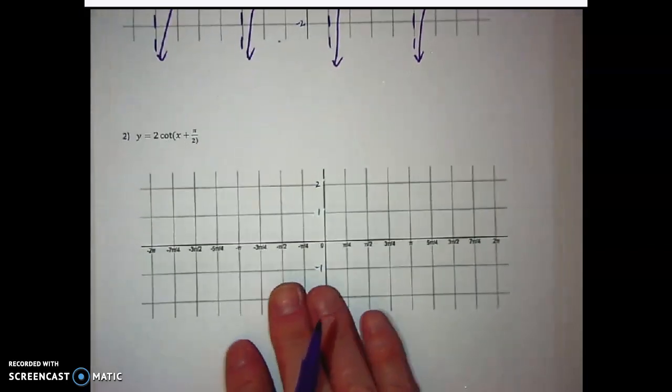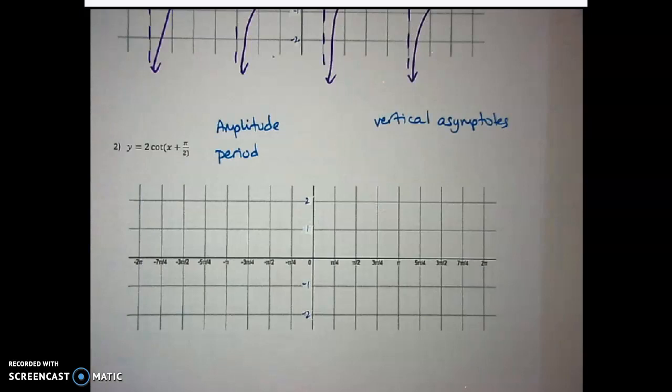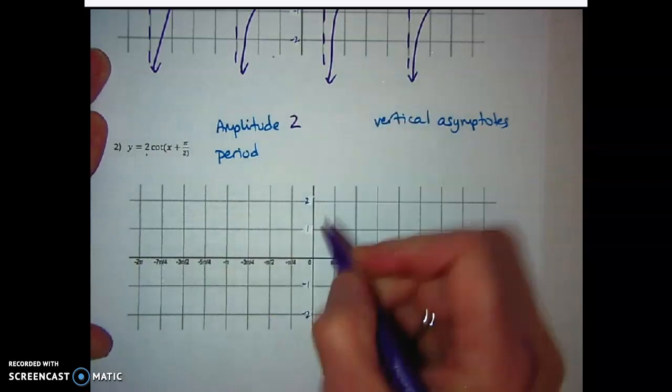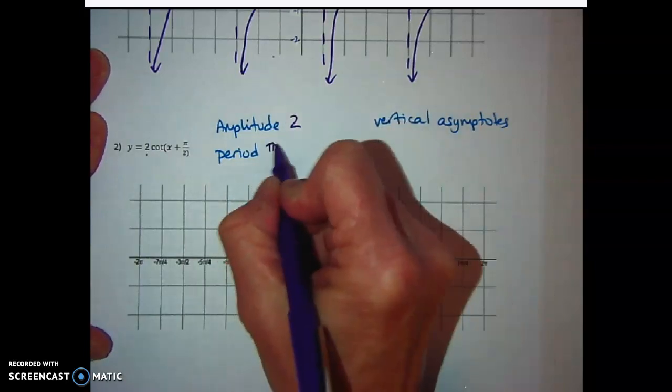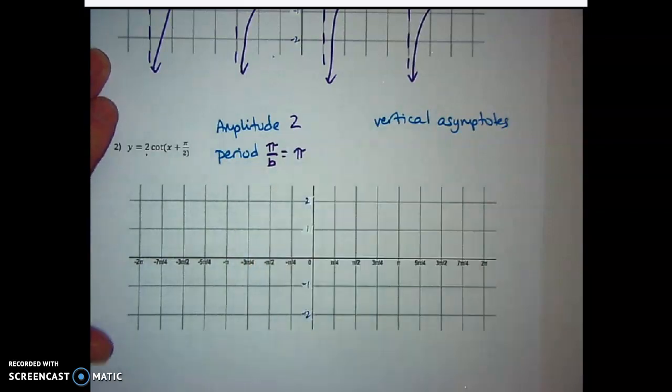Now again, I challenge you to pause the video and graph y equals 2 times the cotangent of x plus pi over 2. Before we start, we need to figure some of these things out. So our amplitude is that 2. Our period still is pi over b, and our b is still 1, so my period is also going to be pi.